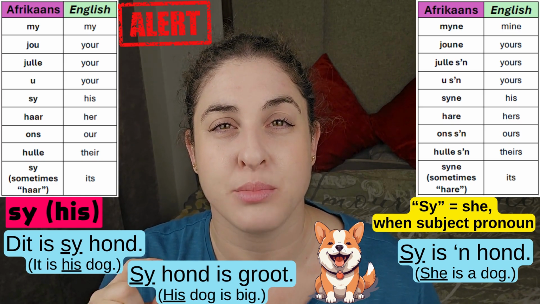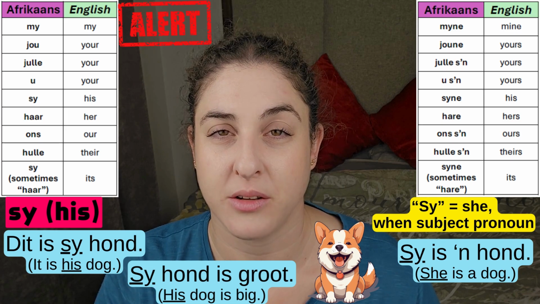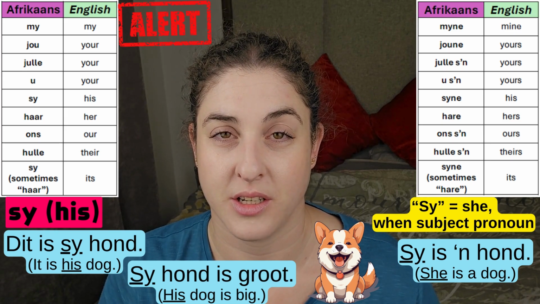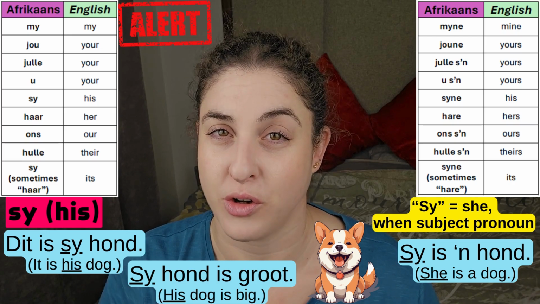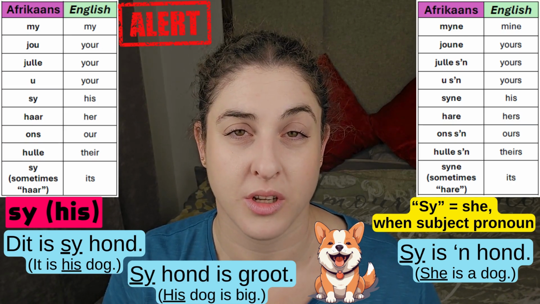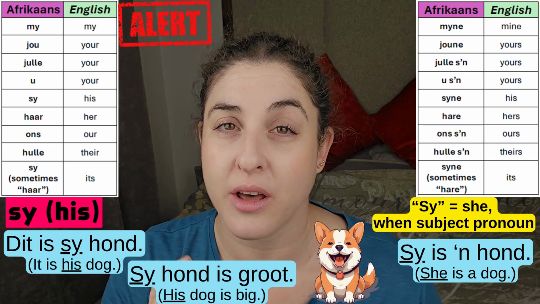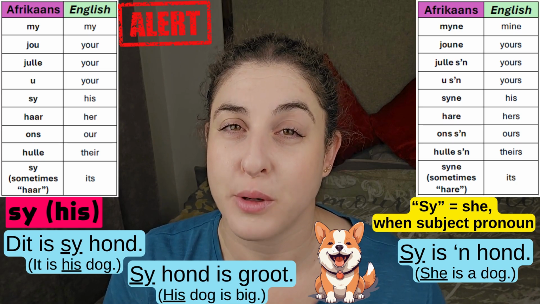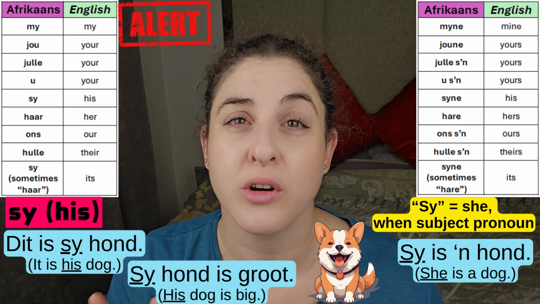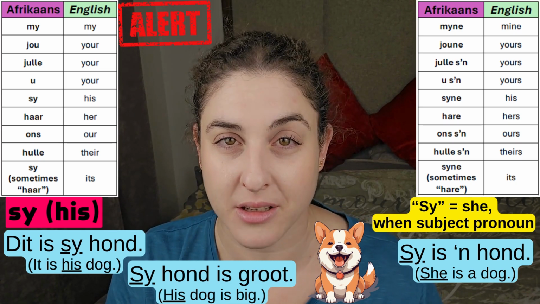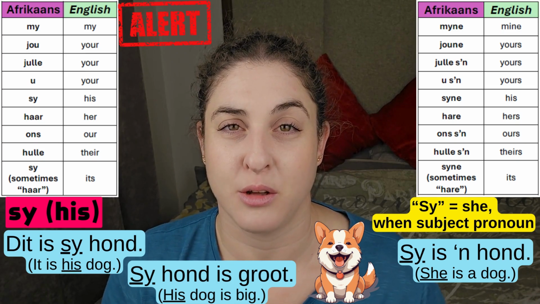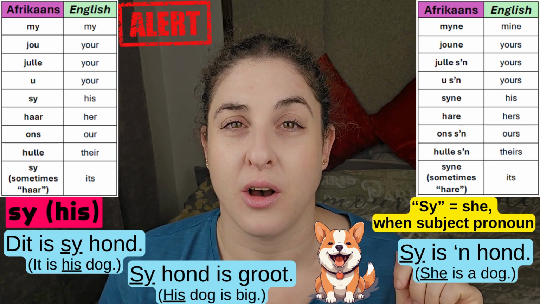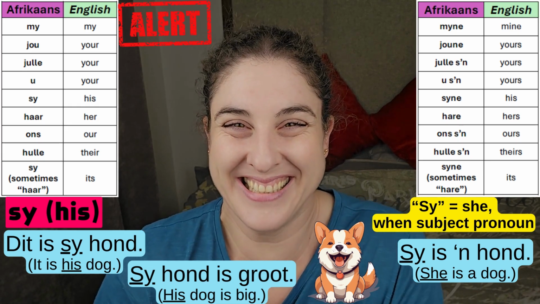When "sy" is in the position of subject pronoun, then it is female in Afrikaans. She is a dog. "Sy is 'n hond." Then it is female. However, when "sy" is a possessive pronoun, it is no longer female and it becomes male. Same word, but in the position, this adjective position on the left, I think the left's on that side.